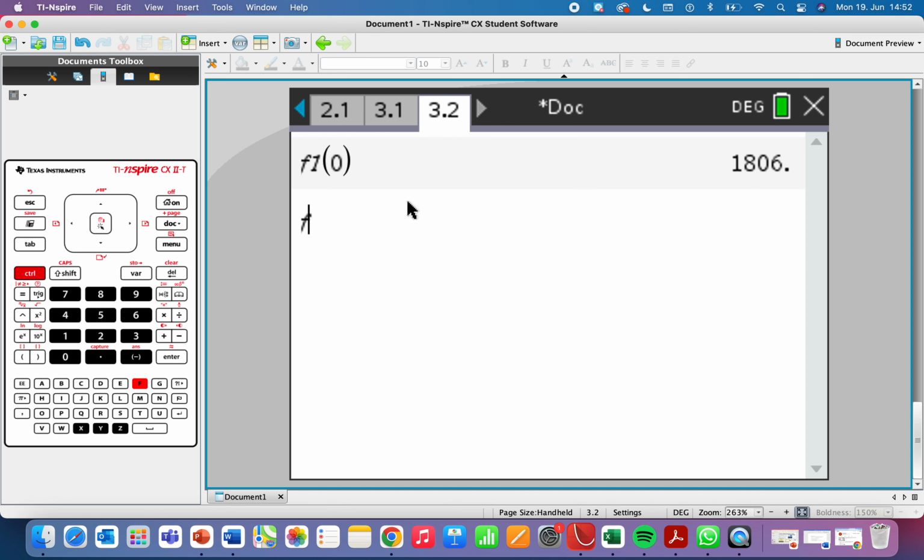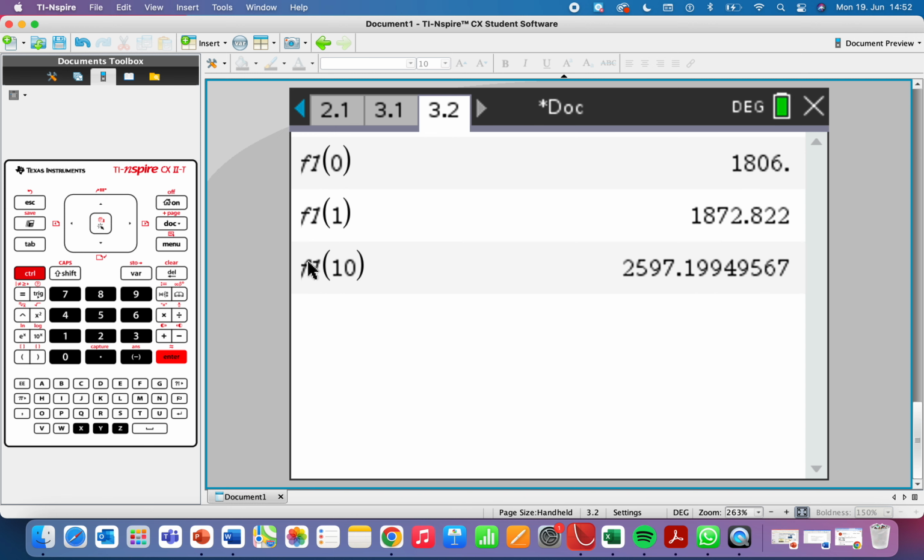And let's do F1 of 1. So the answer on the right-hand side is literally the GDP per capita at time period 1. So we could just keep doing this. F1 of 10, after 10 years, this is the GDP per capita. And remember, 10 years after 1960, this is 1970.